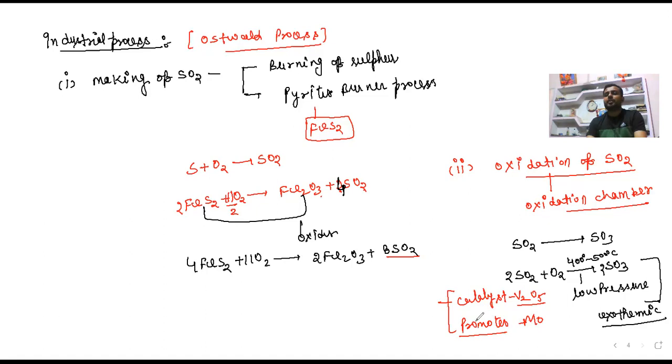So two processes we did. The question is, how can we optimize the percentage of SO3 or optimize the percentage of sulfuric acid? So just take a lower temperature range, that is 400 to 500 degrees Celsius, and low pressure. If you want to relate the optimization technique for this equation, we require low temperature at high pressure.